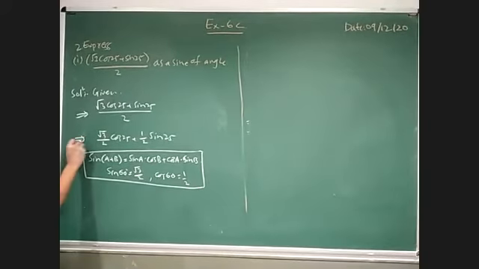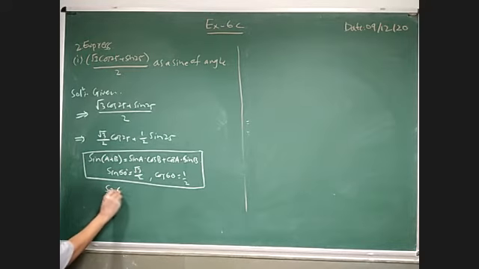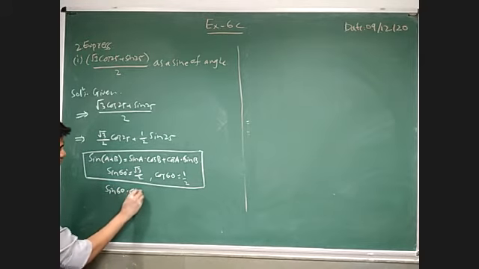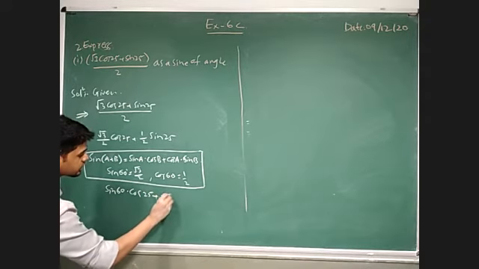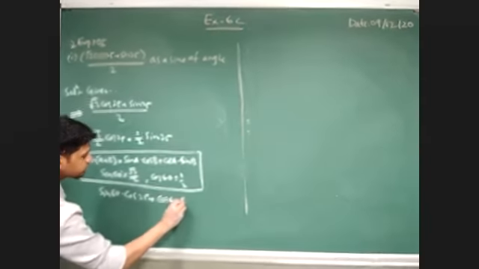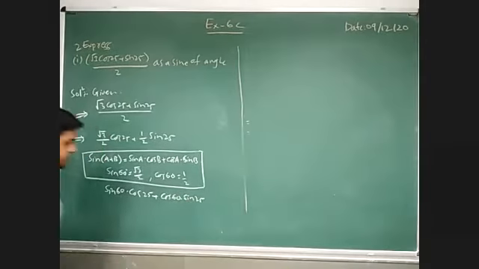Just put sine 60 here: sine 60 into cos 25 plus cos 60 into sine 25.